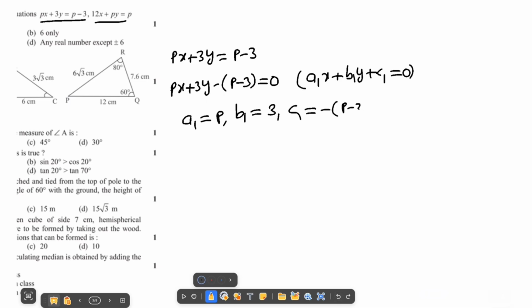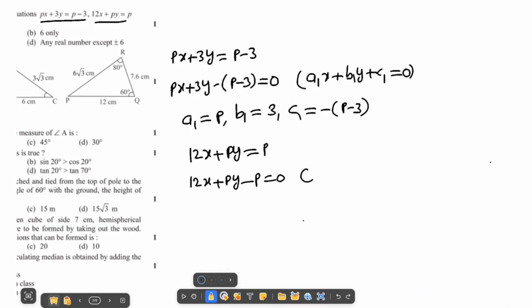So what is the second given equation? The second given equation is 12x plus py is equal to p. Let's write it in standard form. For that we need to bring p to the left side. It becomes 12x plus py minus p is equal to 0.